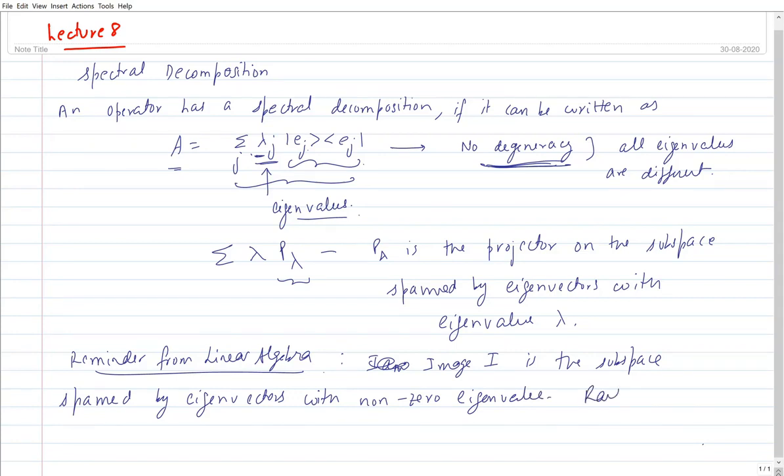And essentially the rank of an operator is the dimension of the image.